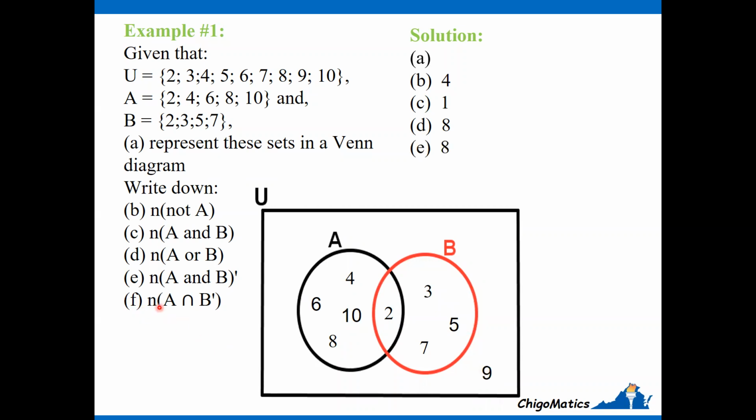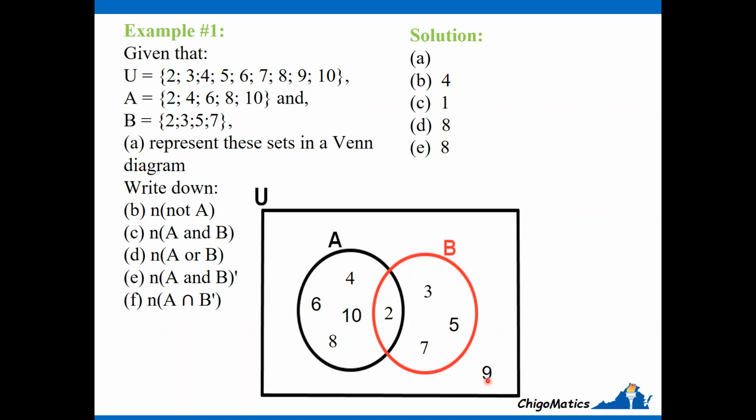Then F, we want the number of elements in A intersection B complement. That means we want the intersection of A and those elements that are not in B, right? B is the red, right? So the elements that are not in B, we have this one and this one and this one and this one, then this one.